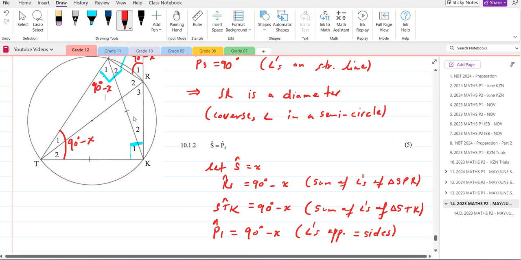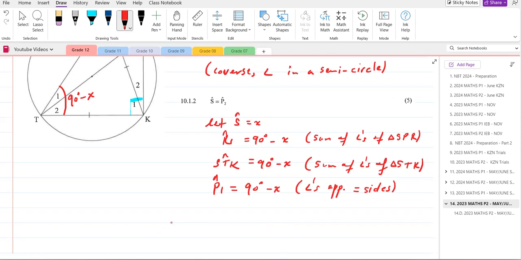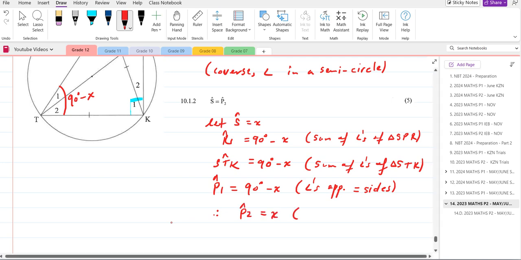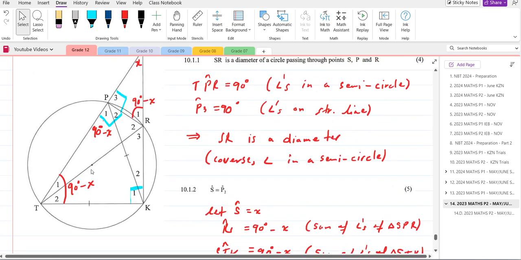Obviously angle P2 is now equal to X. What do we call this? That's complementary adjacent angles. This implies angle S is equal to angle P2, which is equal to X. Straightforward problems, guys, not so difficult at all. You just needed to use the information given, and we have so many right angle triangles, so I'm sure you'll manage.